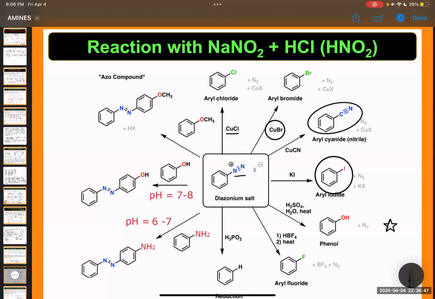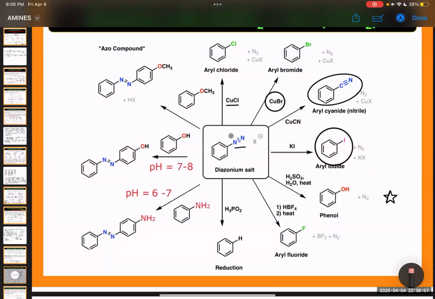The water is going to come and attack, and you are going to end up with phenol. This is the Schiemann reaction, where you are heating the diazonium with HBF4. HBF4 can be written as HF and BF3. So there you can get fluorobenzene.